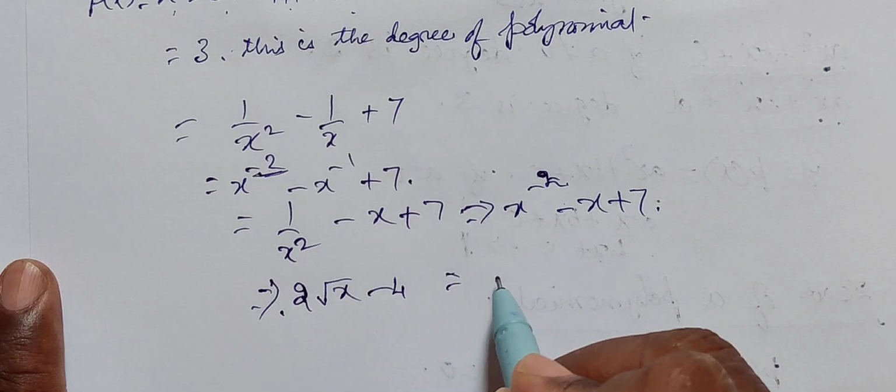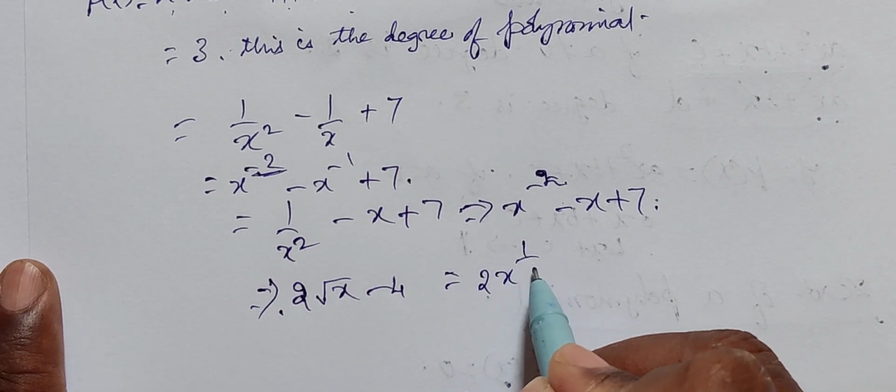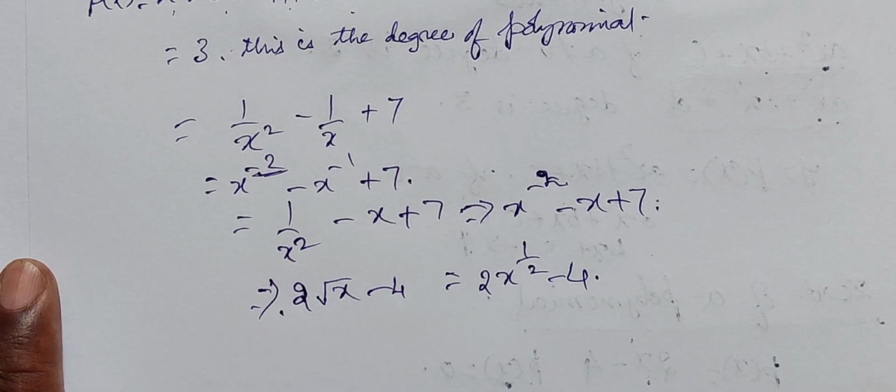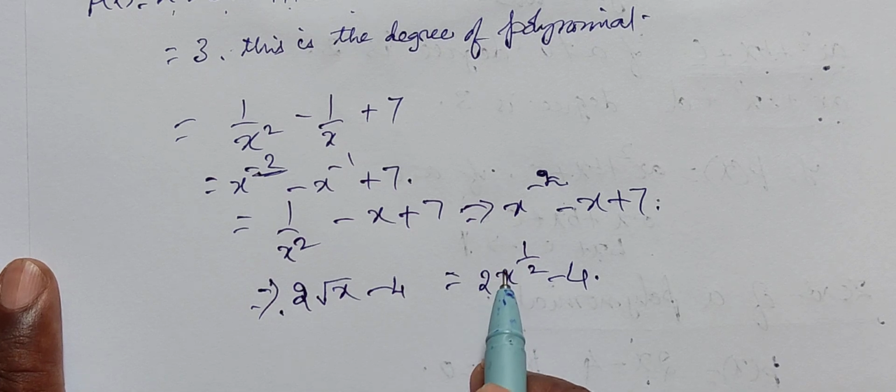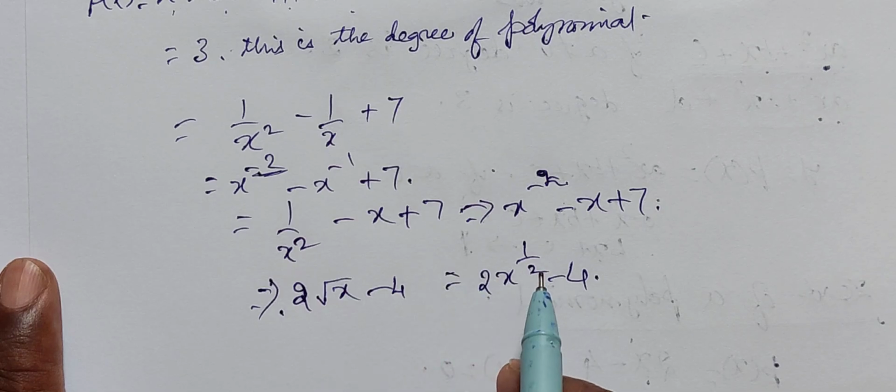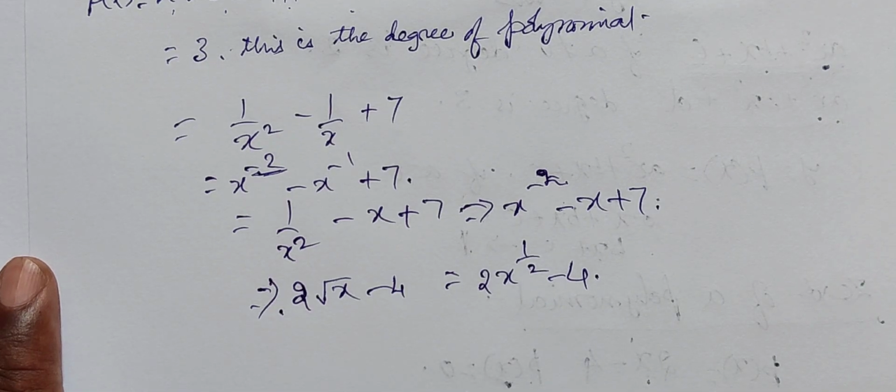So here 2x power half minus 4 is the polynomial. As I said earlier, a polynomial can have only 0 or positive integers as the powers. So here this is neither 0 nor positive integer. Remember, it is not a positive integer, it is some kind of fraction, correct? So this is not a polynomial.